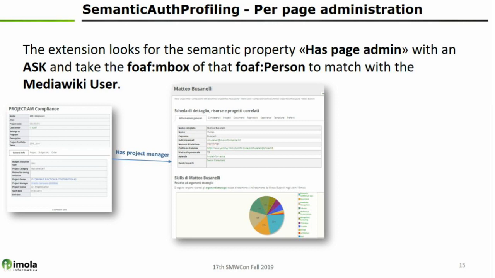Just an example: a project, a project manager, a person. When I say person, I mean not the user. I'm talking about a page of category person, so maybe a fourth person. And the template copies the value of this page into the page admin.